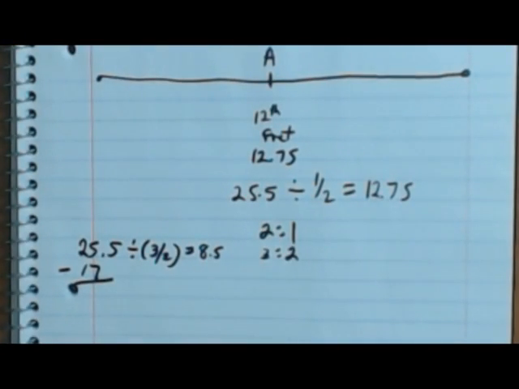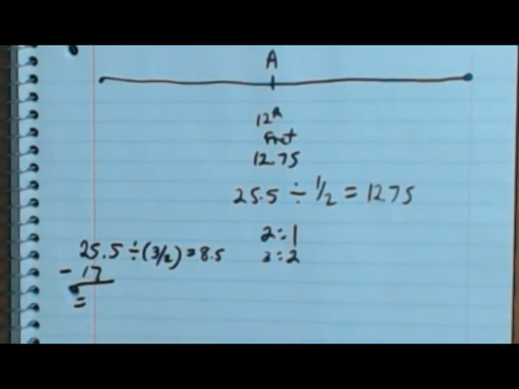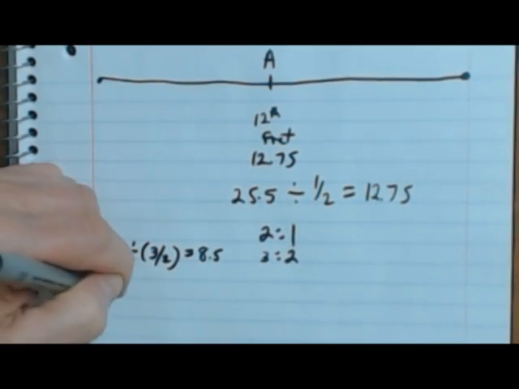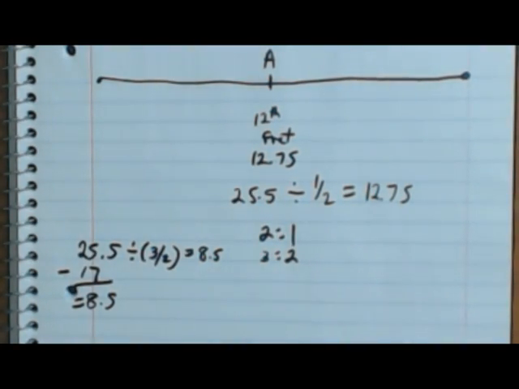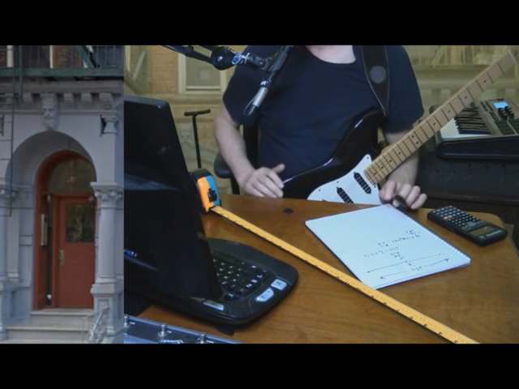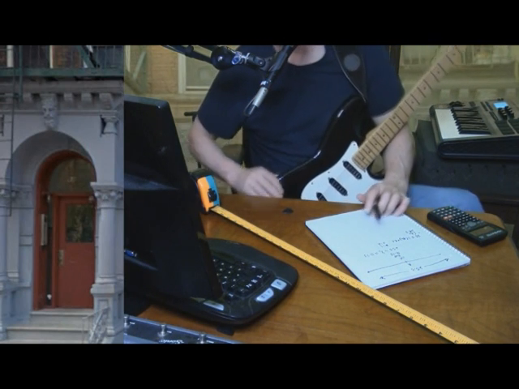If you can see that, subtract that, and you get 8.5. 8.5. And you can keep going with the math, and there's all kinds of interesting things.